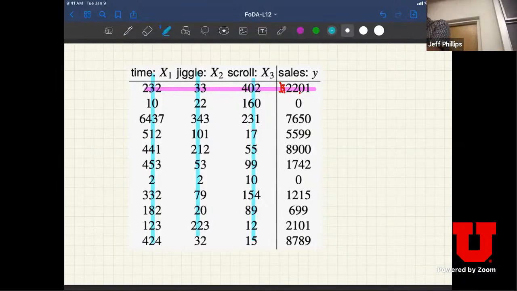The first thing that we're going to want to do is think of adding this extra column onto here. We're going to have this offset column.